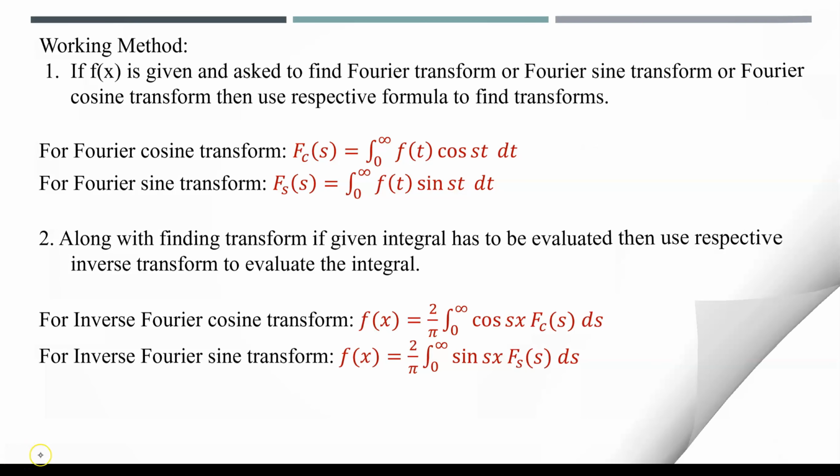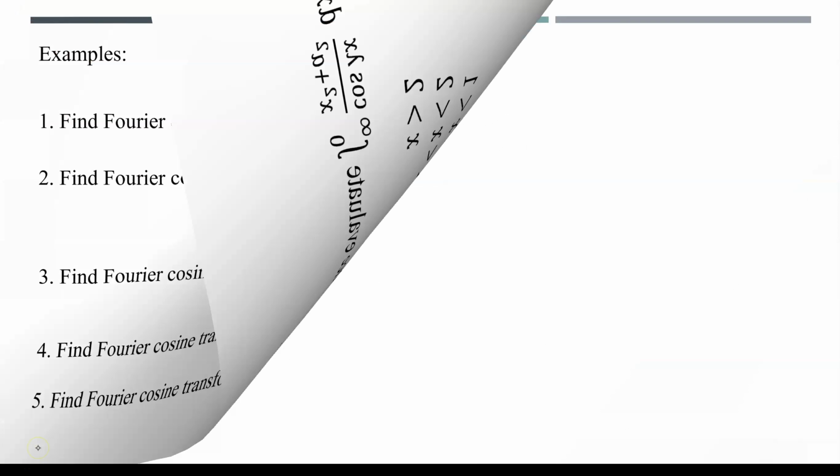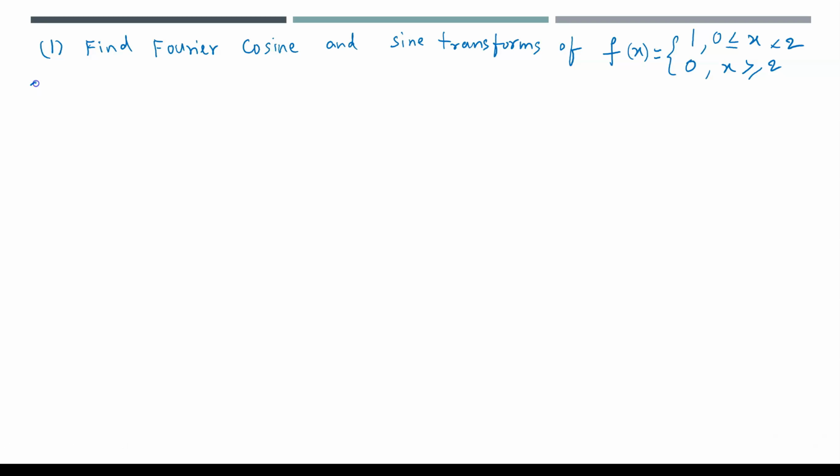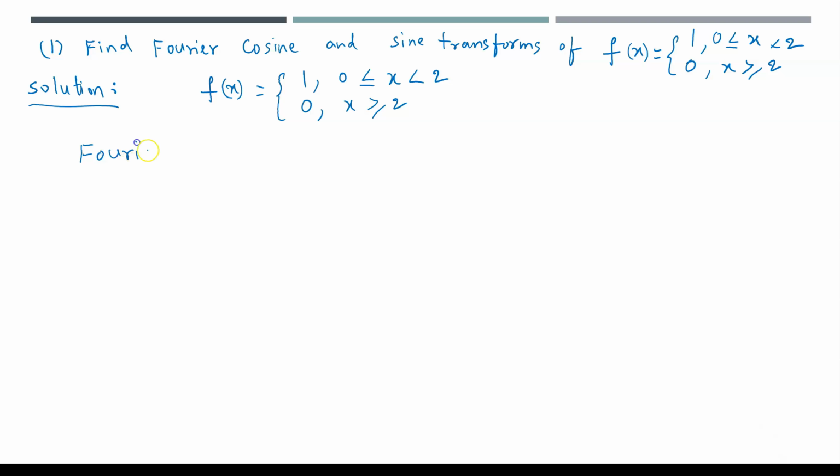Now first let us find Fourier cosine transform. So here in this solution, first let us write the given function. So here the given function is f(x) equal to 1 in the interval 0 less than or equal to x less than 2, and the value of this function is 0 when x is greater than or equal to 2. Now let us write the formula of Fourier cosine transform.